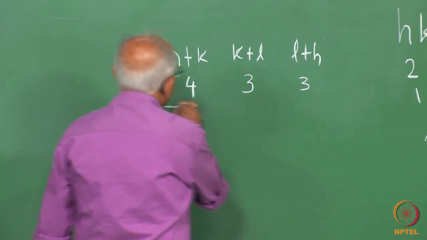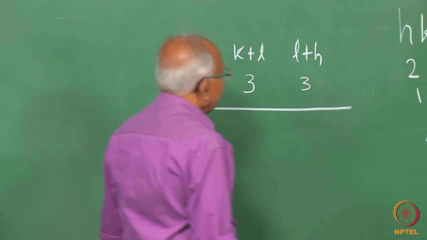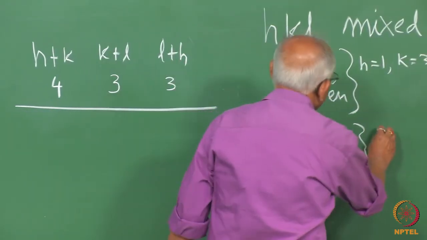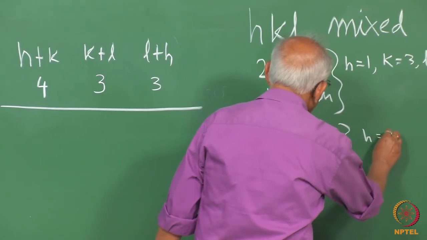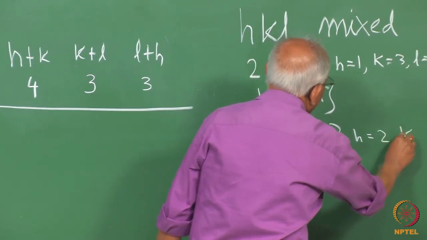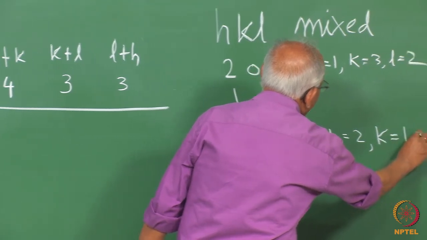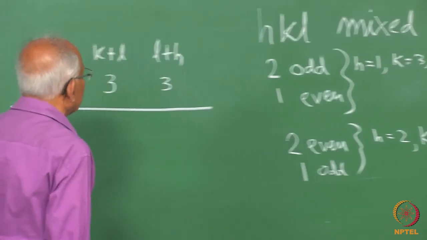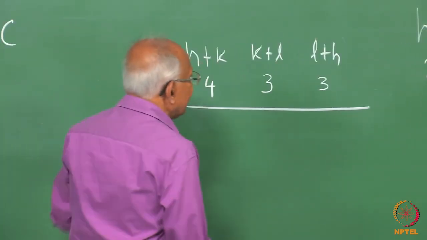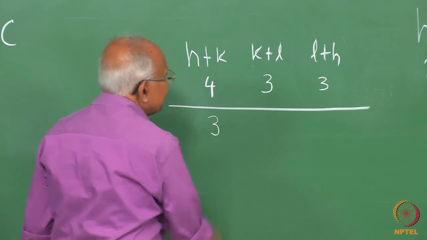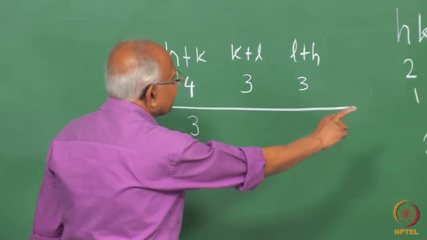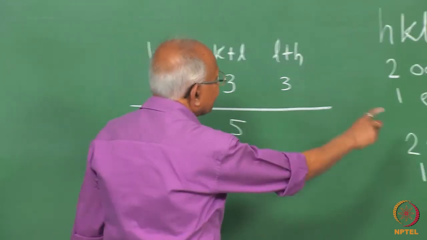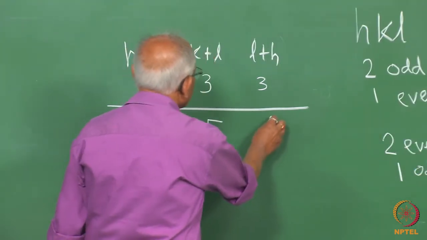Now, let us look at the other possibility, that out of h, k, l, 2 are even, say h is equal to 2 and l is equal to 4, and 1 odd, say k is equal to 1. Then what happens to these values? h plus k will give us a value of 3, k plus l will give us a value of 5, l plus h will give us a value of 6.